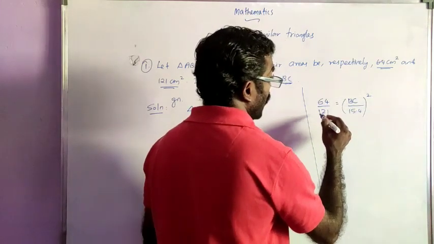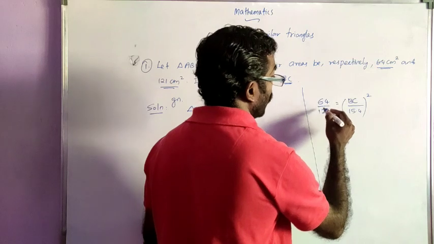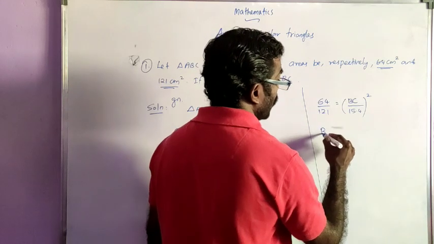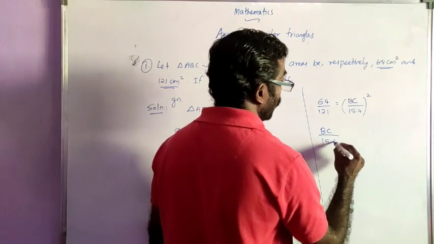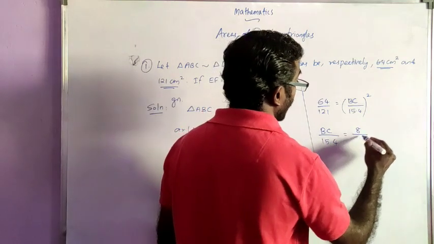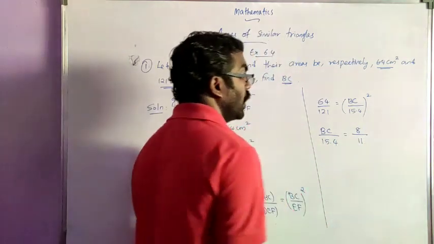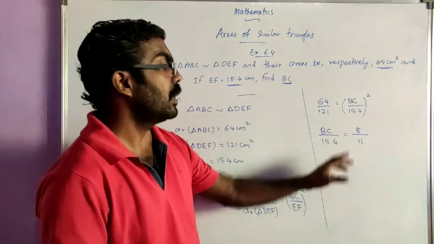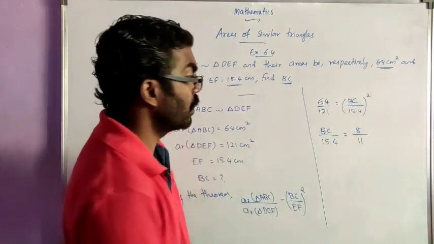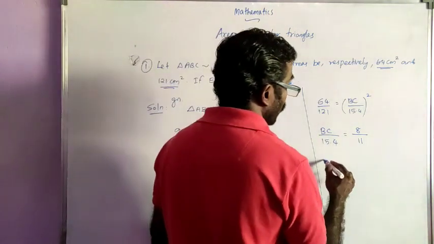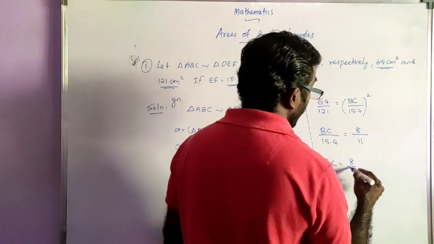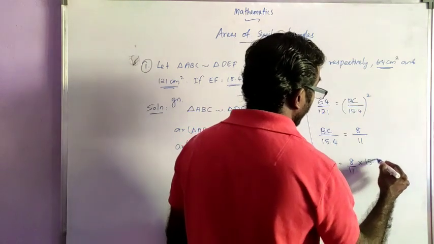So here we can take the square root of 64 by 121. That is BC by 15.4 is equal to 8 by 11. 8 square is 64 and 11 square is 121. Therefore, BC equal to 8 by 11 into 15.4.